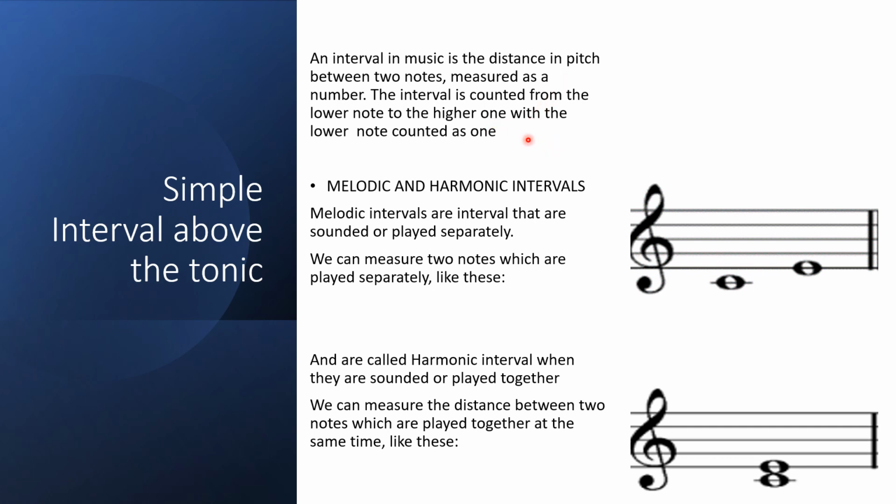So literally, an interval is the distance or the difference between point A and point B, between the origin and the destination. But in music, point A is counted as 1, and point B, the destination, is also counted as a number.